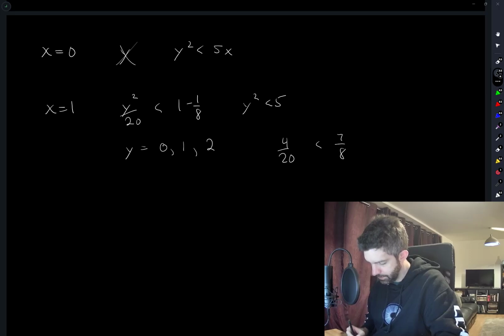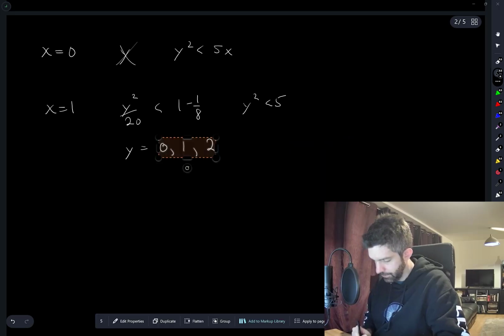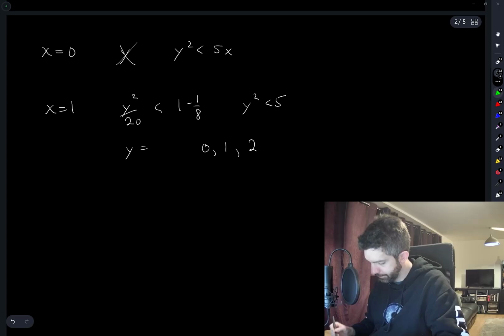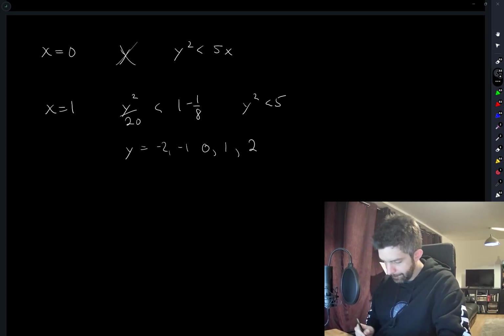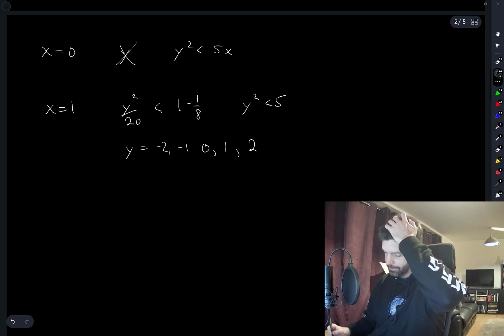Yes, that's true. So let's list all the values. There are 5 ordered pairs there: x is equal to 1, and y can be one of those 5 numbers.